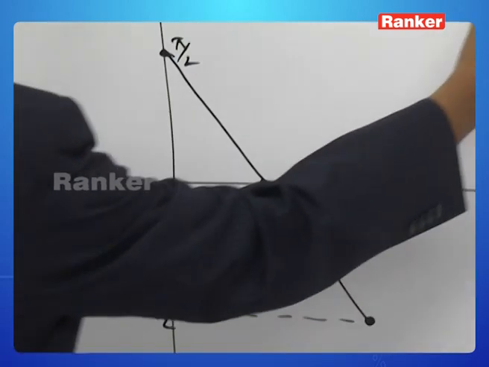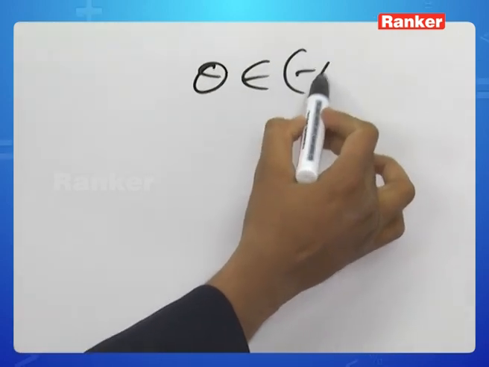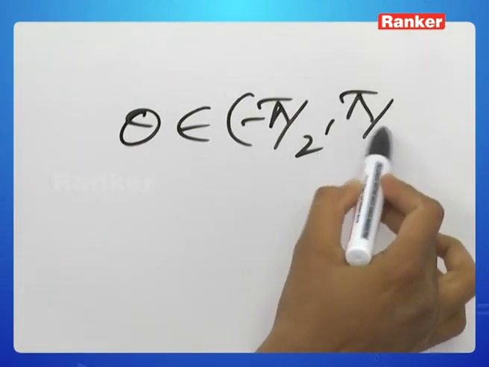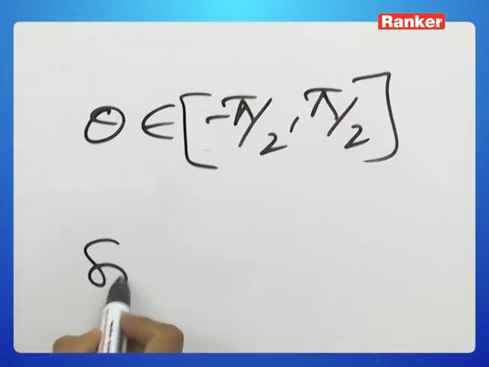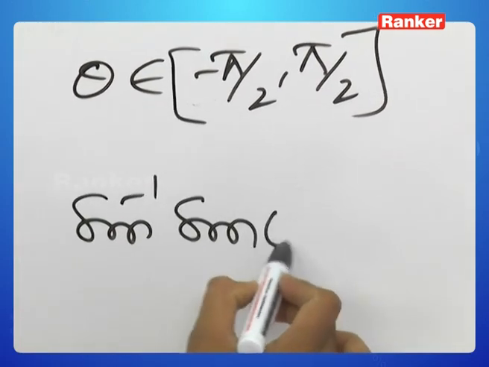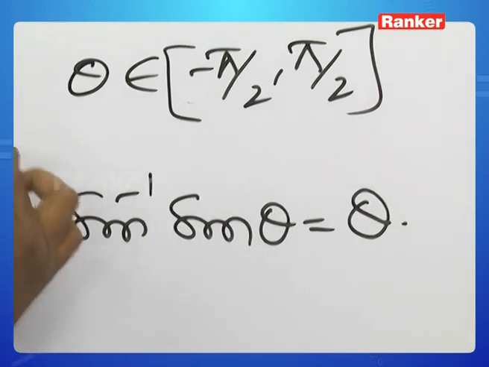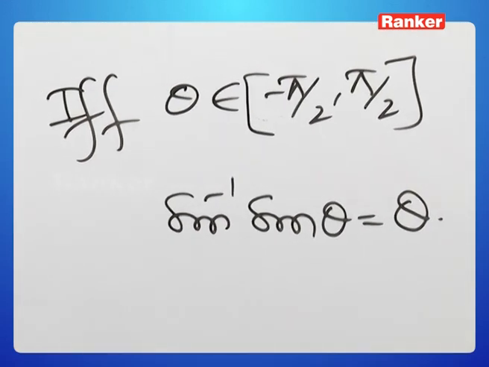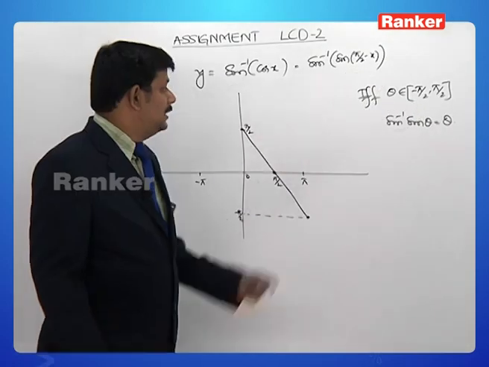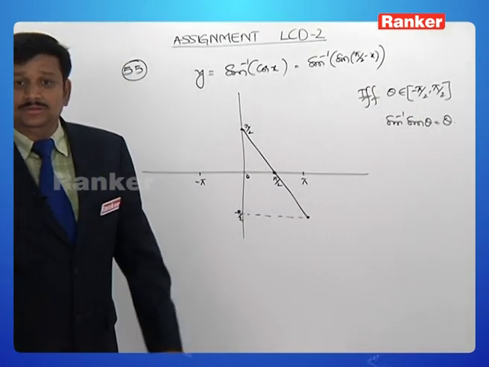And whenever theta lies between minus pi by 2 to pi by 2, sine inverse of sine theta would be equal to theta. To be more informative, it is a bi-implication: if and only if theta belongs to minus pi by 2 to pi by 2, sine inverse of sine theta will be equal to theta.